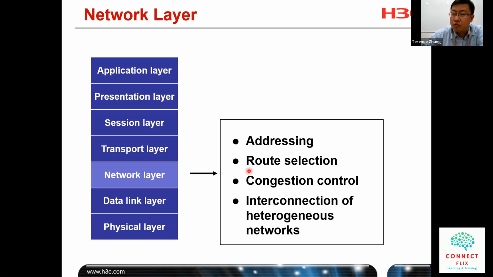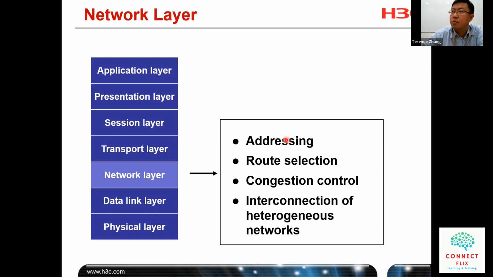The second one is to find the path. The main job of this network layer is just two. Please memorize again. First one is to logically assign the address to every node on the network.